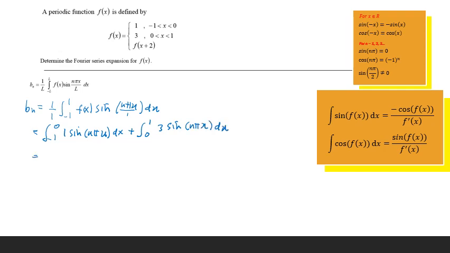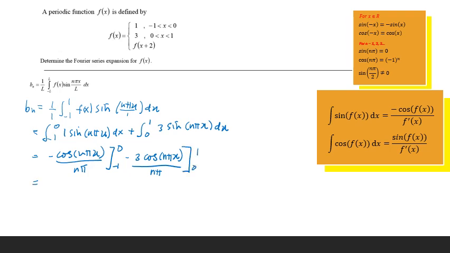The answer will be, we get negative 1 over n pi, and integrating 3 sine n pi x, we get negative 3 cos n pi x over n pi, from 0 to 1.